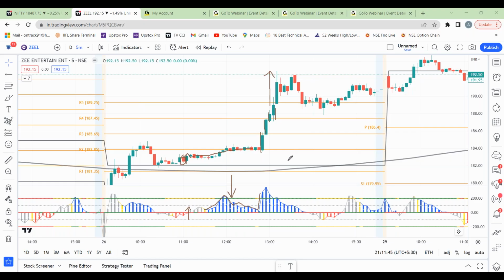What happens when the move comes like this? In the previous video, I explained that when you see a big movement, that can be a point of the stock getting exhausted. Stock moves up, moves up, moves up, and finally moves up.